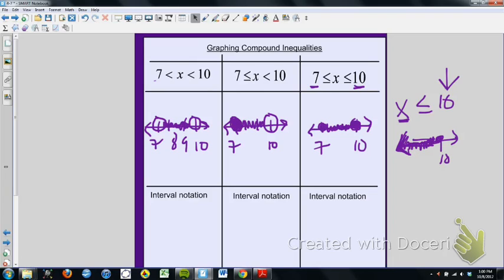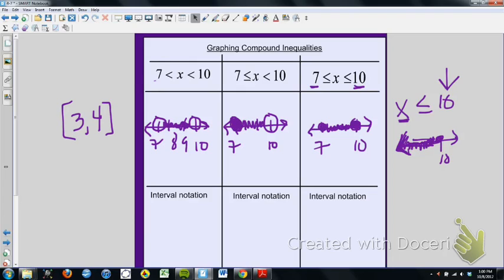Okay, now interval notation is a way to write the solution set as an interval of numbers. When we write an interval, we always include the smallest number to the left. So let's say I want to write the interval between 3 and 4, and I want to include 3 and 4. I want to write 3 first, comma, 4, and I want to use square brackets.